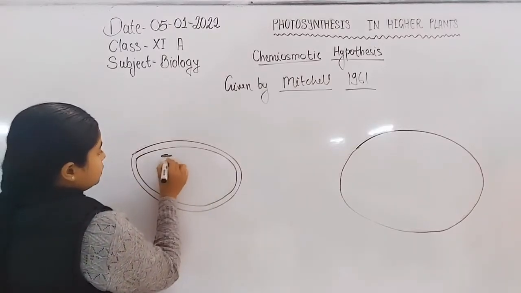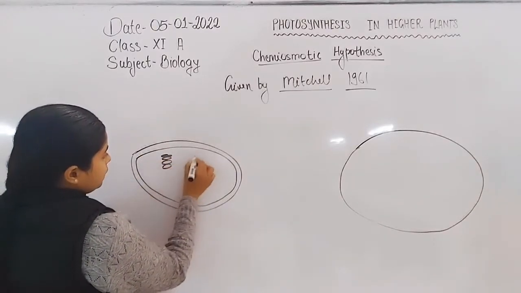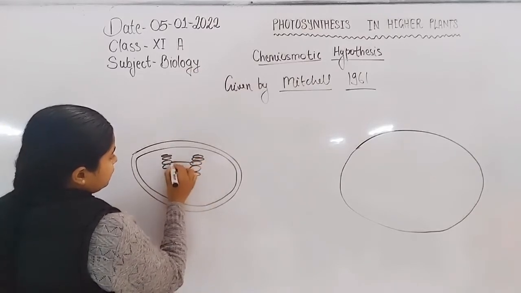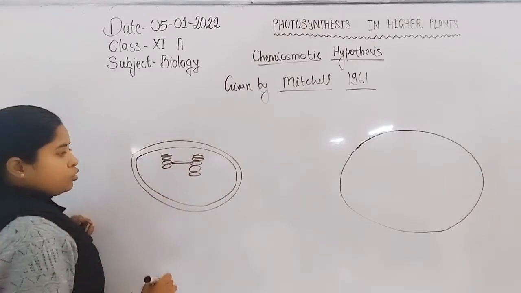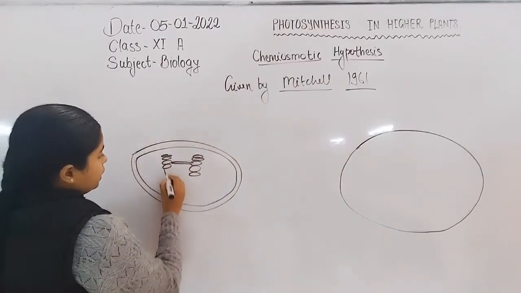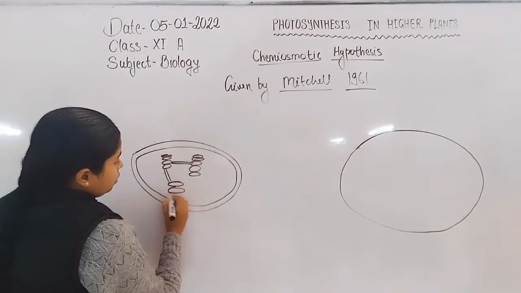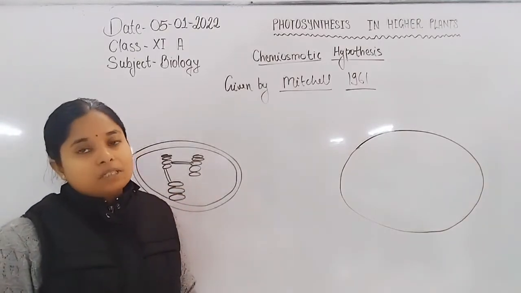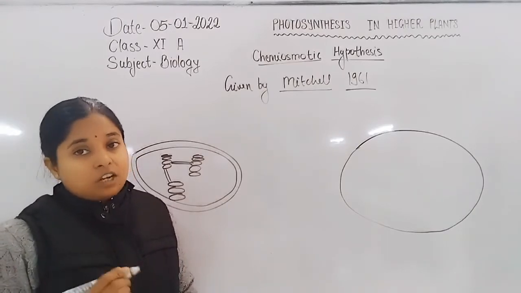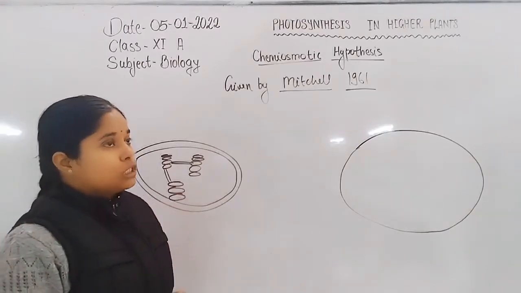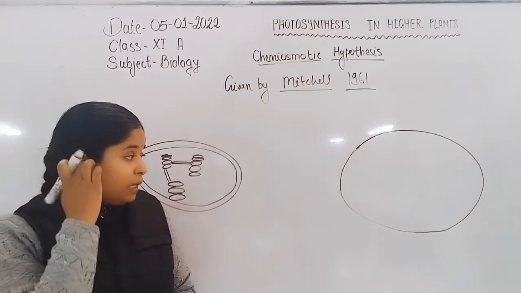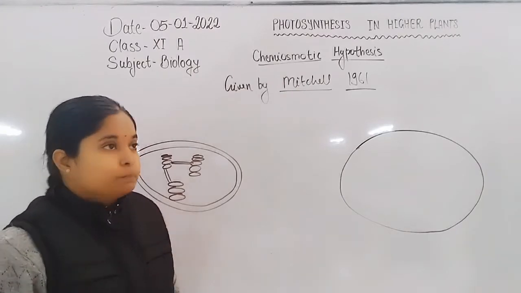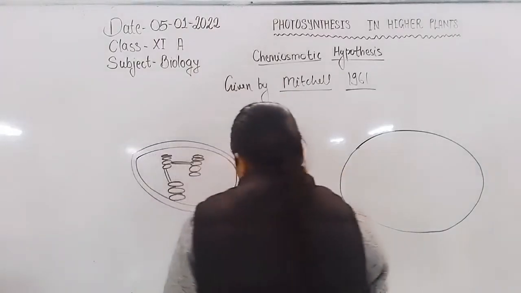Inside the chloroplast, the grana are found. Grana are formed by thylakoids, and the stroma lamellae connect two grana with each other. In the thylakoid membrane, photosystem first and second are present, which help in the transport of electrons through the electron transport system. Finally, ATP and NADPH form.